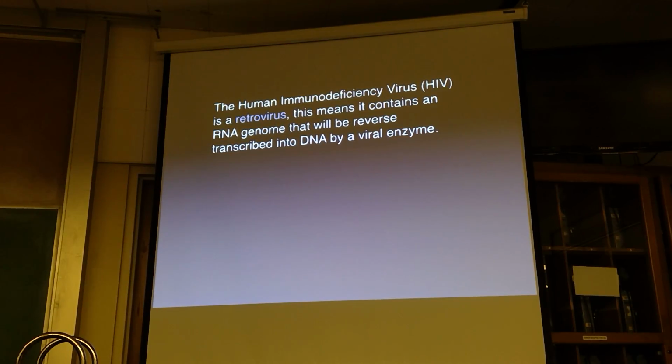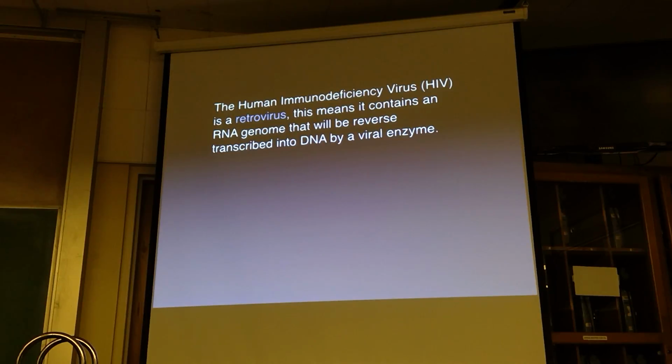Now, HIV is a very significant human virus, and it's unique in that it is a retrovirus. When this was first discovered, this was kind of a shocking thing to biologists. Again, it had to do with the information pathway. It was assumed that genetic information was encoded by DNA, that DNA was copied to form RNA through transcription, and then messenger RNA was translated to form amino acid chains.